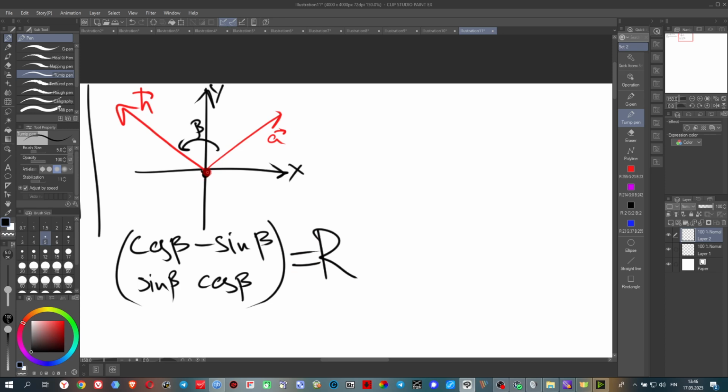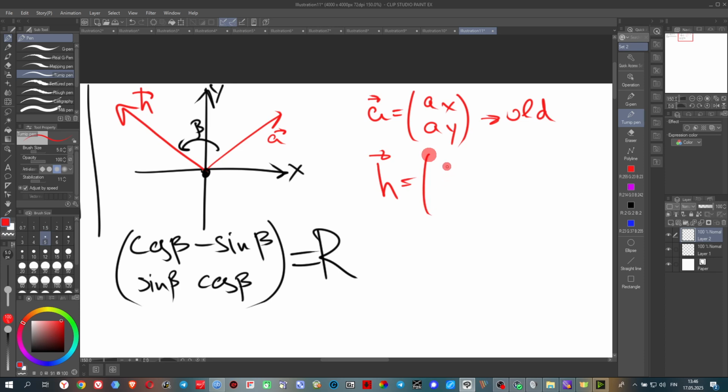And what is the point of this matrix? It's very important to understand. We have the coordinates of an old vector before rotation, ax, ay. And we have a new vector h that we get after rotation, hx, hy.